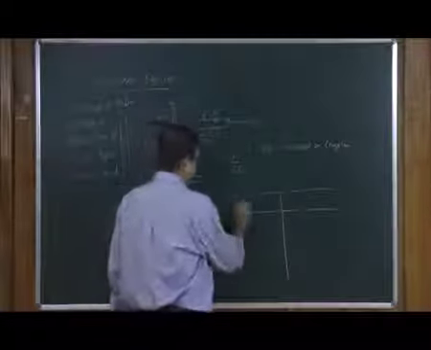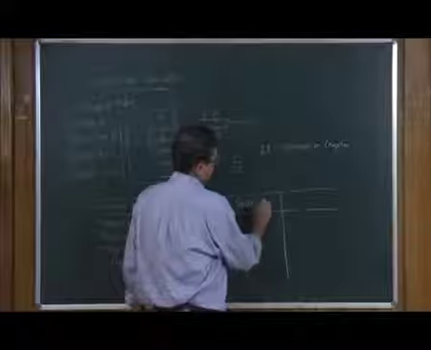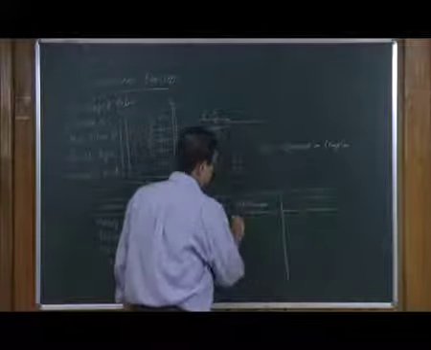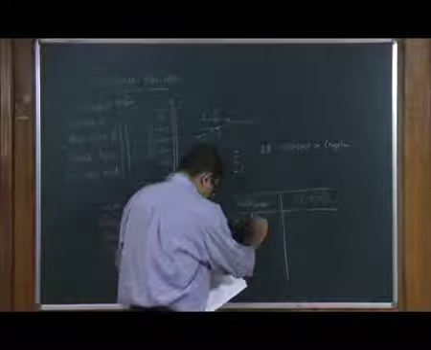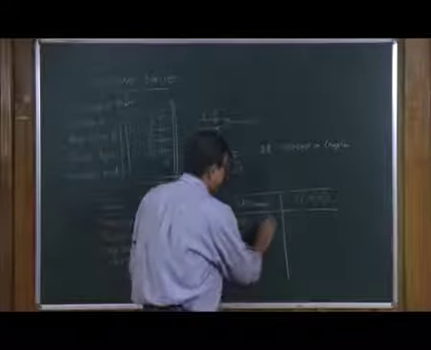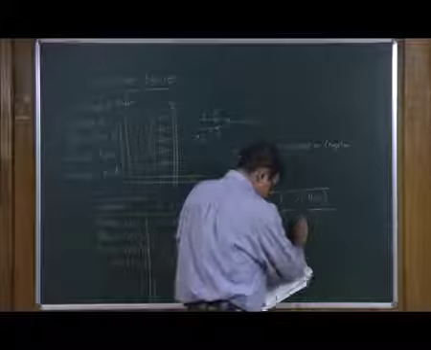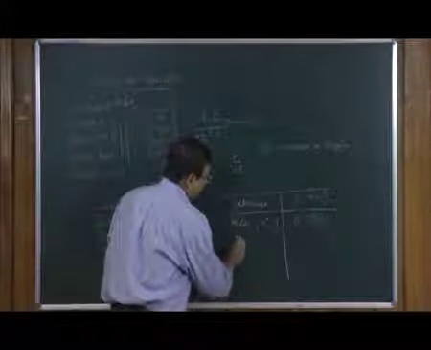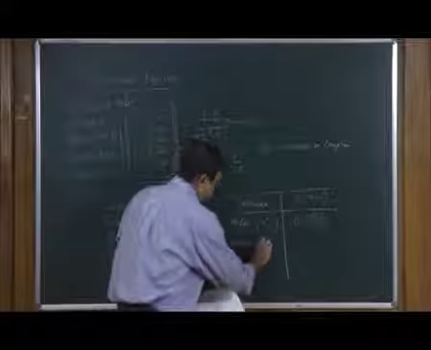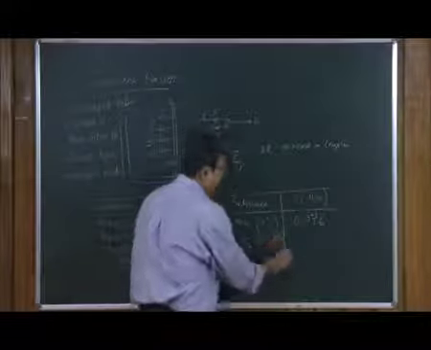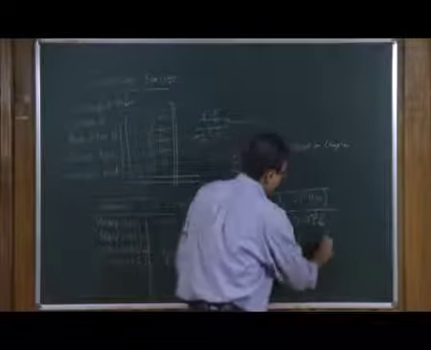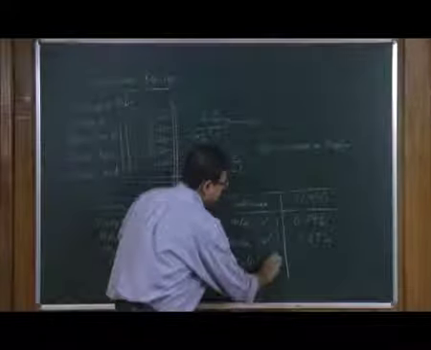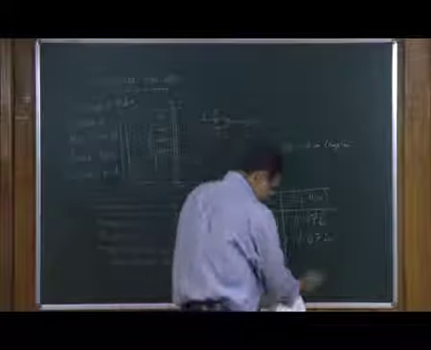Again, substance and the surface tension in Newton per meter. So, water at 0 degree centigrade is equal to 0.076, water at 20 degree centigrade 0.072, water at boiling point, which is 100 degree centigrade, equal to 0.059.